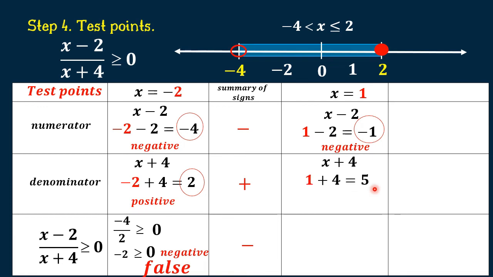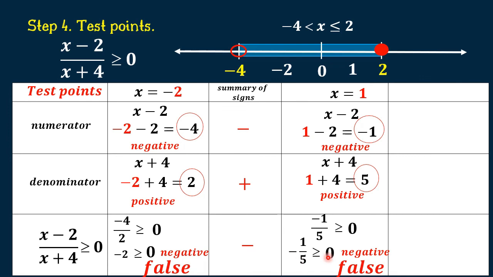Also plug into your denominator. 1 plus 4 is +5. The result is positive. And if we divide -1 by 5, the result is -1/5. Since the result is negative, this is not true, because a negative value is not greater than 0.